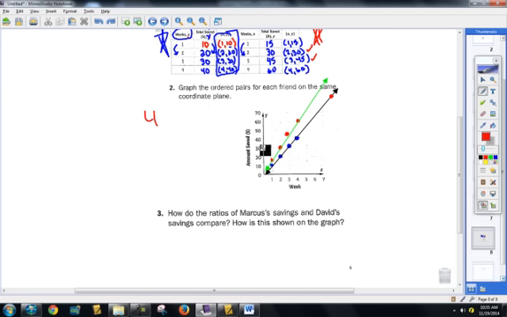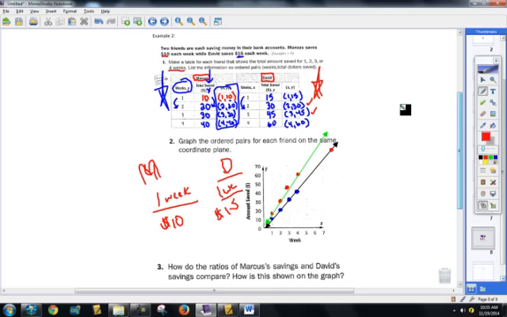So the ratios are comparing because Marcus, his ratio is showing for 1 week he is going to save $10, whereas David is saving $15 in 1 week. So obviously he's going to save more money in a shorter amount of time than Marcus. Let's go on to the next page.